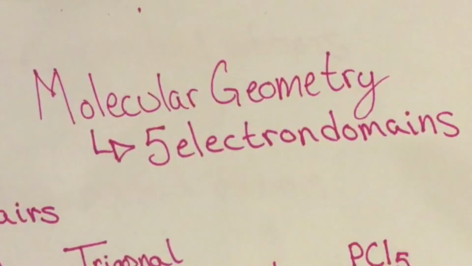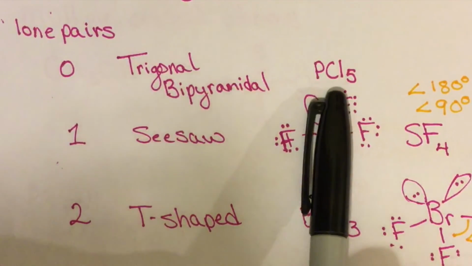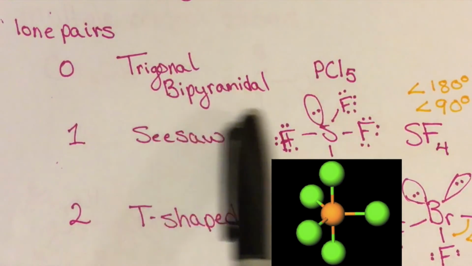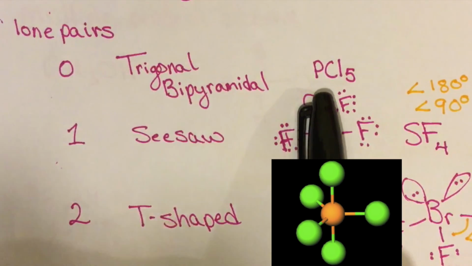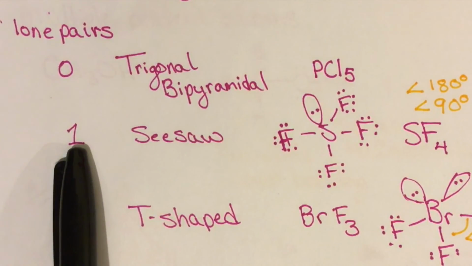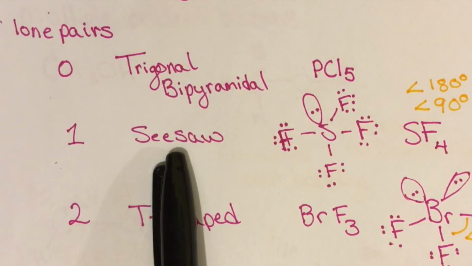Now I'm going to go through the molecular geometry if we have 5 electron domains. So 5 electron domains with no lone pairs results in trigonal bipyramidal. One example of that is phosphorus pentachloride. So if I have 1 lone pair that I add to that mix, I'm going to end up with what is called a seesaw shape.